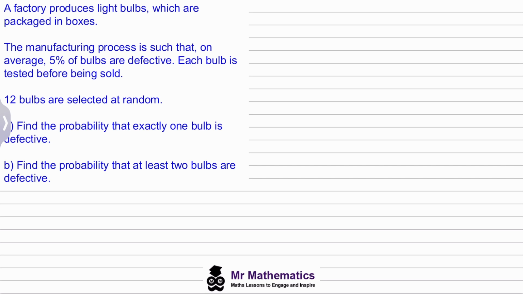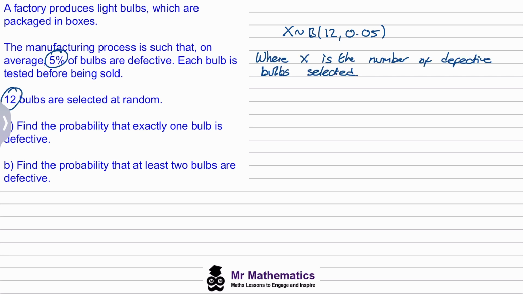Okay, so I hope you did well with this. If we define our model, we'll say x is distributed binomially with a sample size of 12 and our probability of success as 0.05. And I'll define the random variable, where x is the number of defective bulbs selected.